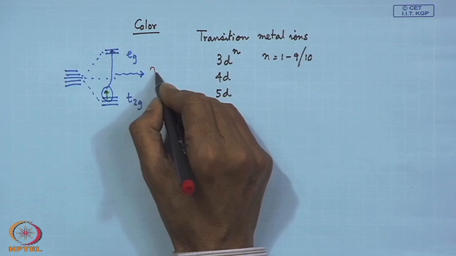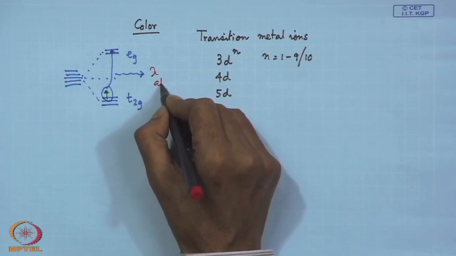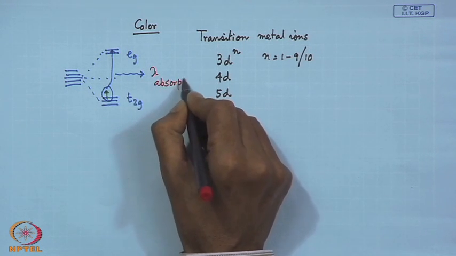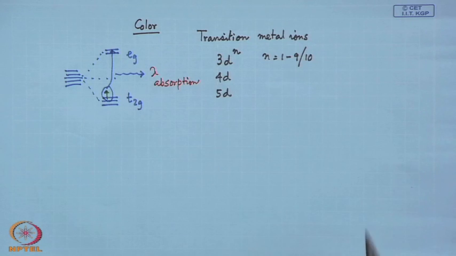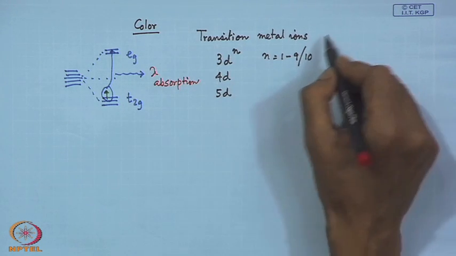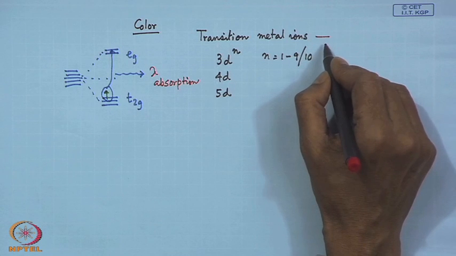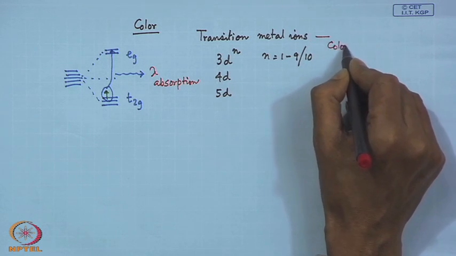That means absorption can take place at a certain wavelength, and we see that these particular metal ions are colored.